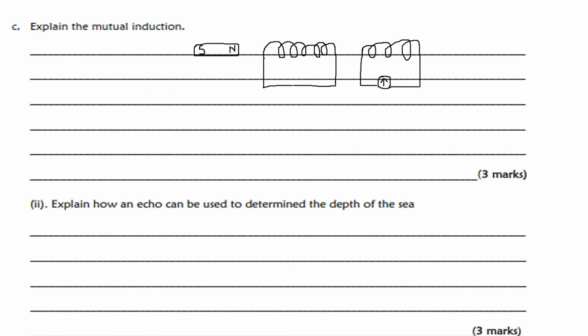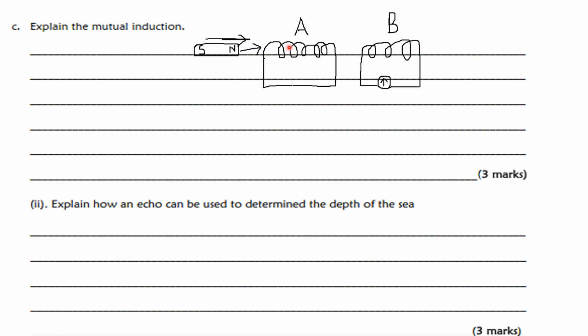So when the magnet is moved into the first coil, which is A, it is going to induce an EMF or a current through it. That EMF is going to induce yet another EMF in coil B. And you can see this as the magnet is moved in and out of the coil.